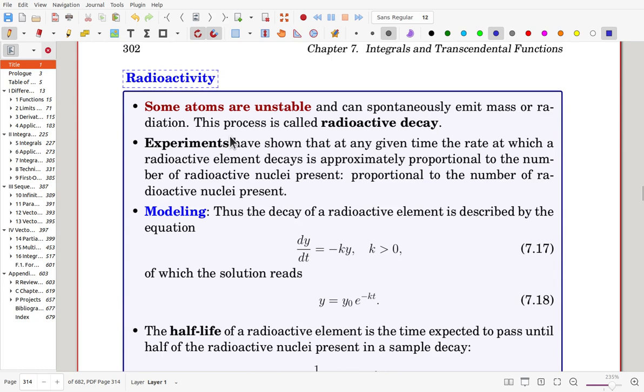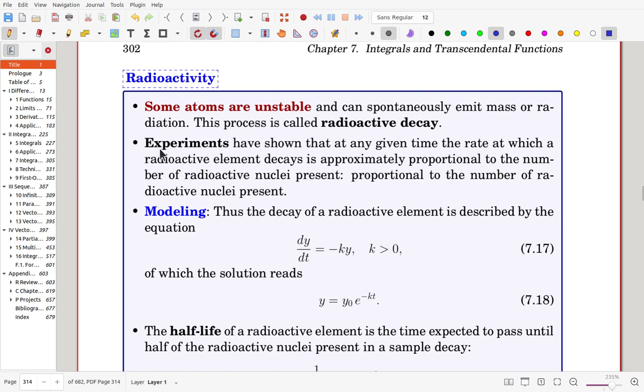The second example is radioactivity. Some atoms are unstable and can emit mass or radiation. Such a process is called radioactive decay.